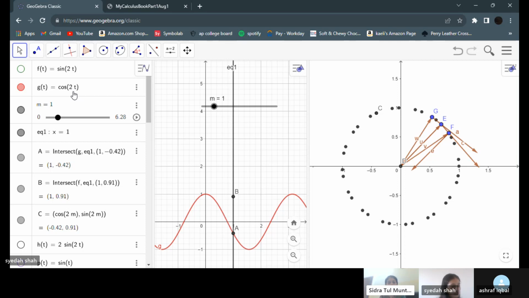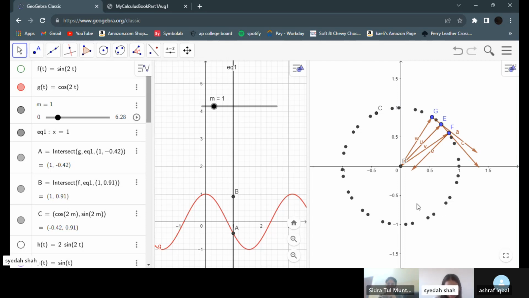Okay. So now you have changed your sine of t and cos of t to cos of 2t and sine of 2t, right? Yes, and you have changed the frequency from 1 to 2. So now you have traced out a circle there. You are supposed to trace the circle only once. You have traced it 2 times, so that's why we have these points which are very close to each other.